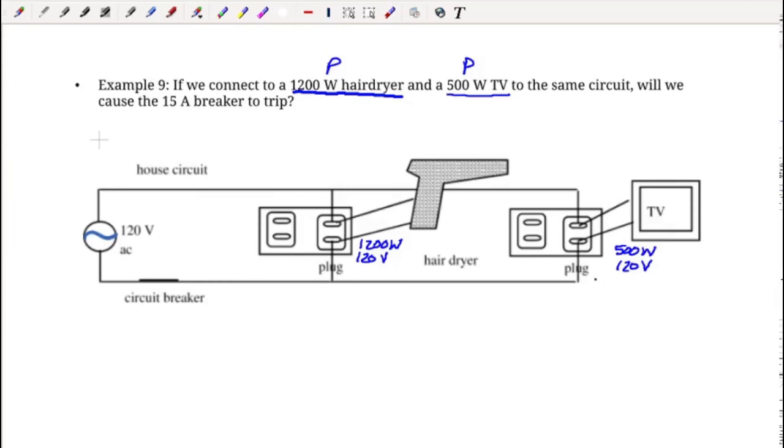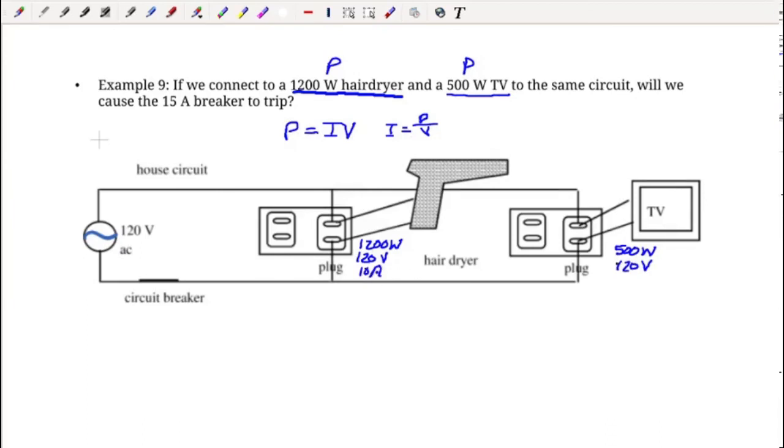And so how does that help me find the current? Well, I know that power is equal to current times voltage. So then I can rearrange this to say, well, current must be power over voltage. So I can find the current that each of these is going to draw. So power over voltage, 1200 divided by 120 is going to be 10 amps here.